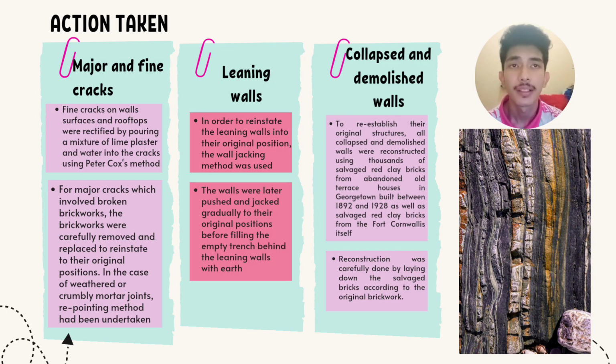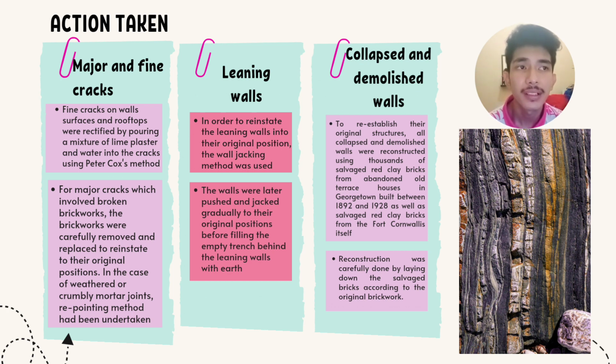Action taken. Number 1, major and fine cracks. Fine cracks on the wall surface and rooftop were rectified by pouring a mixture of lime plaster and water into the crack using the Peter Cox method. Such a method requires the use of an empty bottle that has a rubber tube underneath.